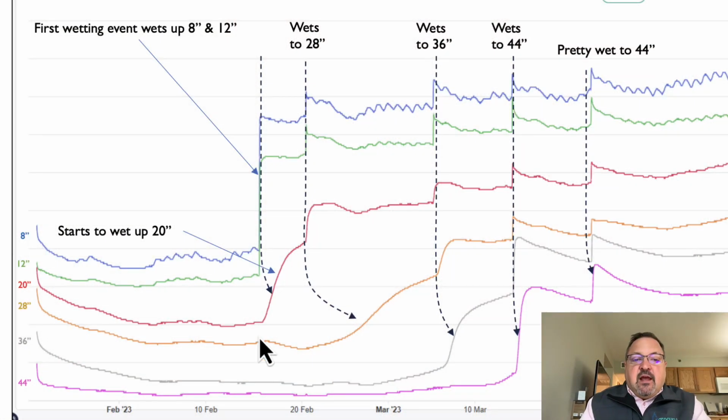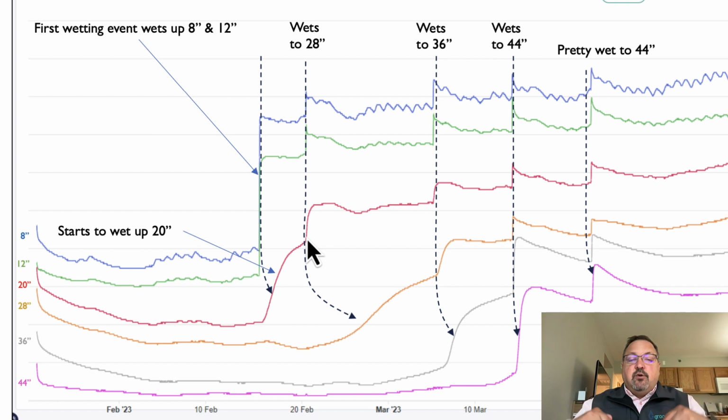Okay? Now, with that wetting front that's starting to happen here, look at what happens with our next rain event. Right here on about February 21st, 22nd, we get another rain event and it increases at 20 inches really quickly. Why? Because the soil was already wetting up. That wetting front was starting to take place.